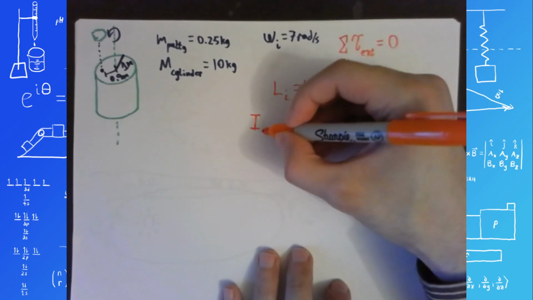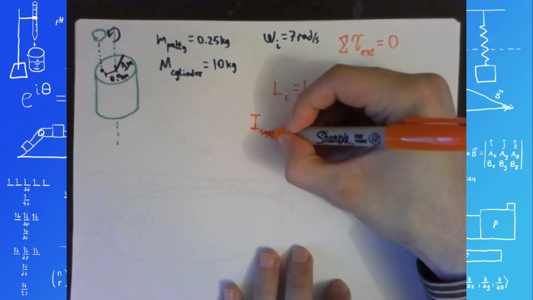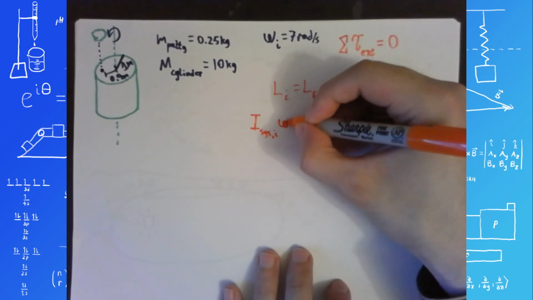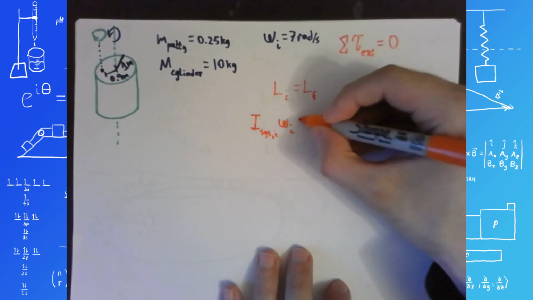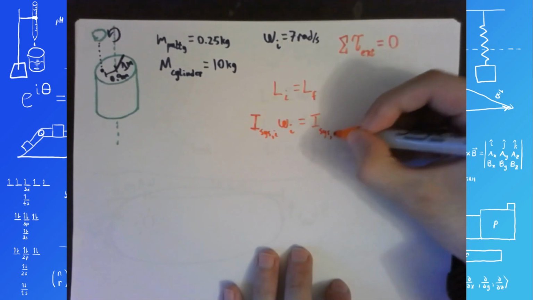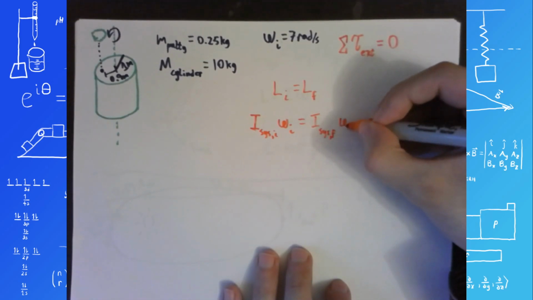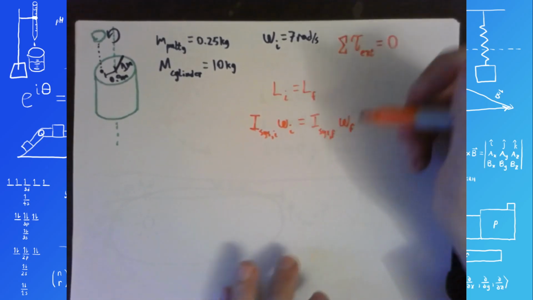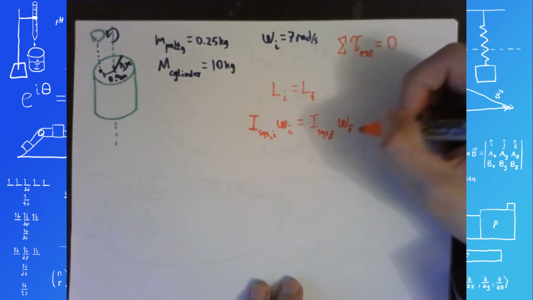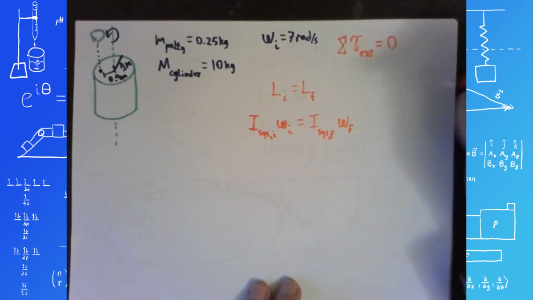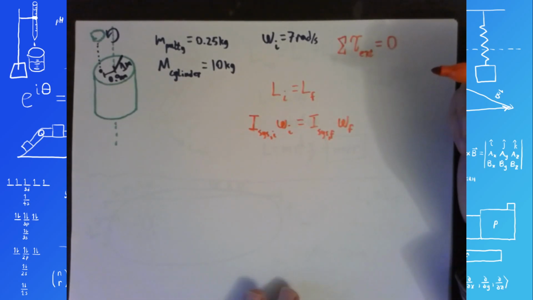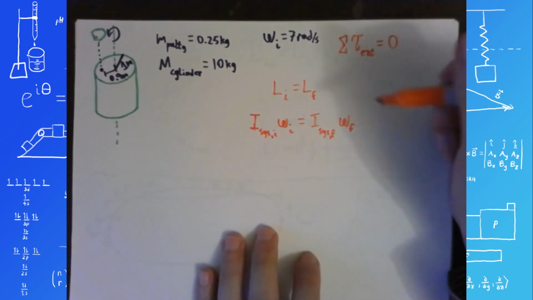Moment of inertia of the system initial times omega initial equals moment of inertia of the system final times omega final. I guess I should say omega system initial and omega system final here, but these are the only omegas in the problem, so I don't think there's going to be any confusion there.